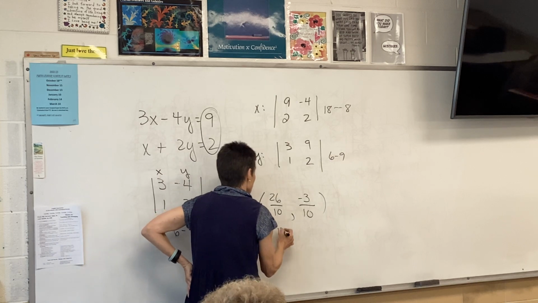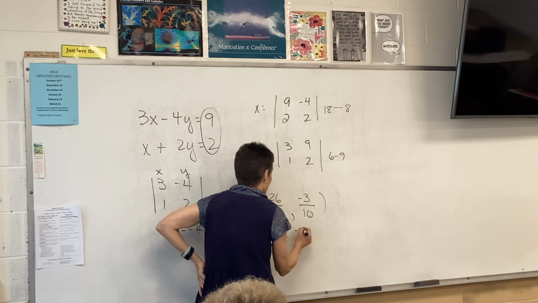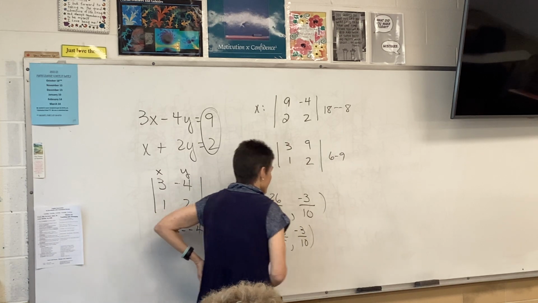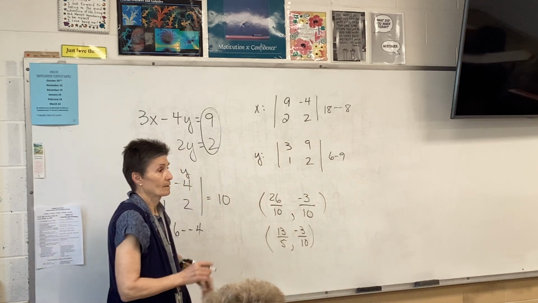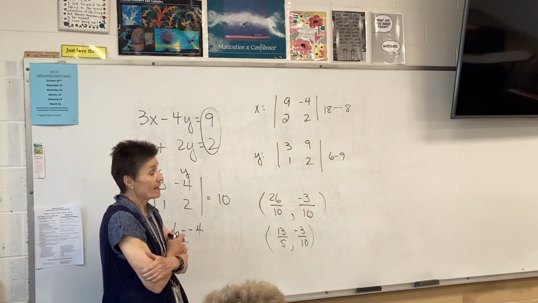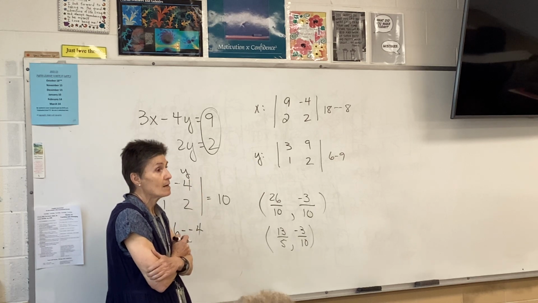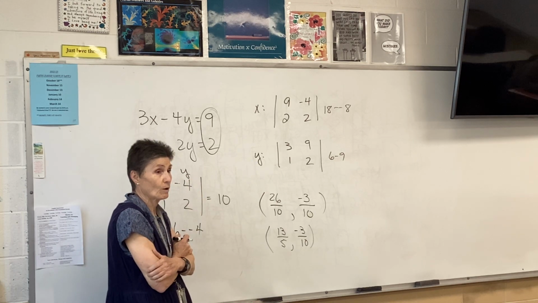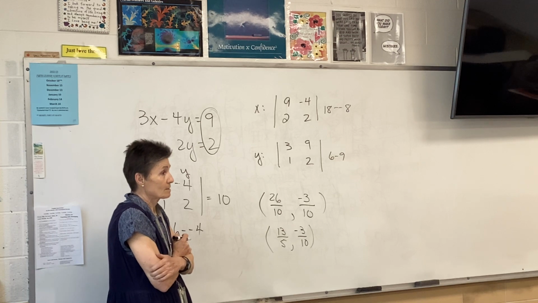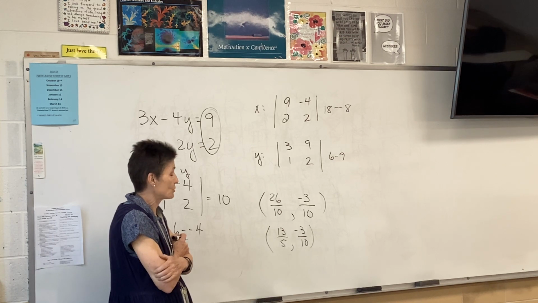So our answer is 13/5, comma, -3/10. Again, you can do substitution or elimination with this guy, but you're gonna have to deal with these fractions. So a lot of times Cramer's rule is just easier.